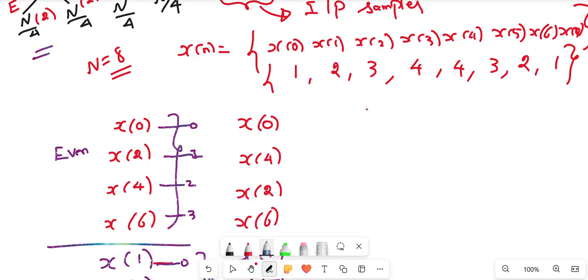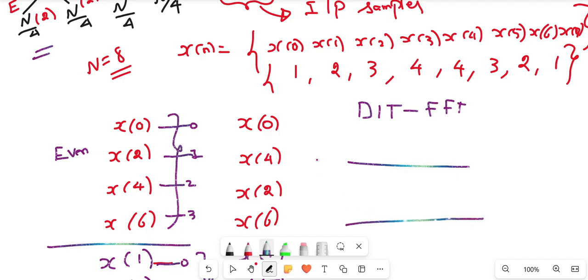For example, in decimation in time FFT, finally the 2-point computation can be represented like this, for example A, B. This is a basic butterfly structure. I will explain.